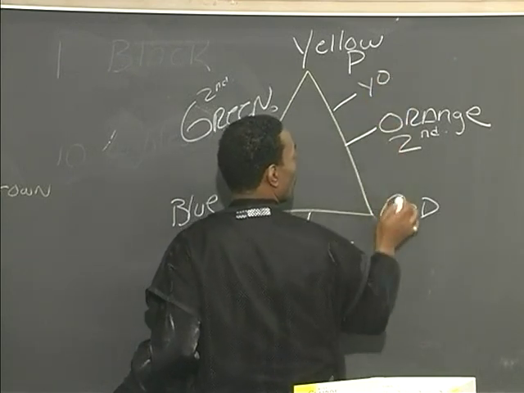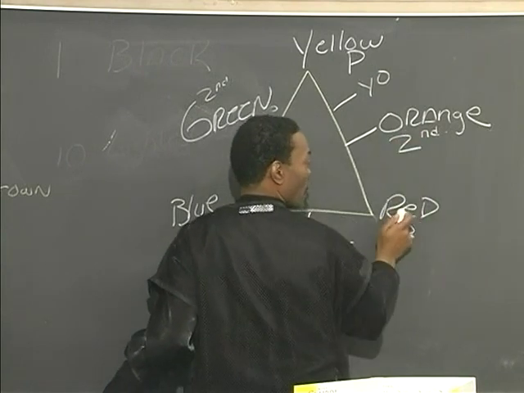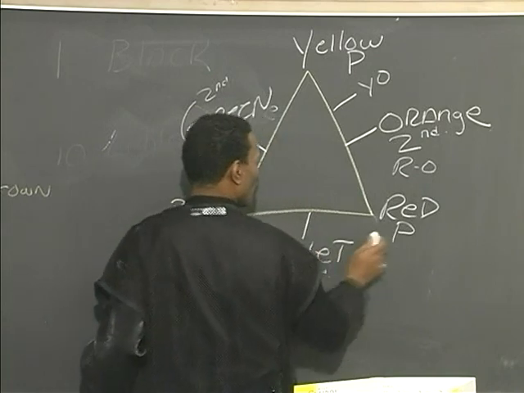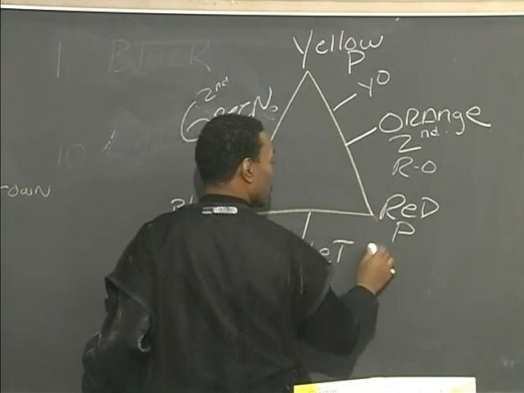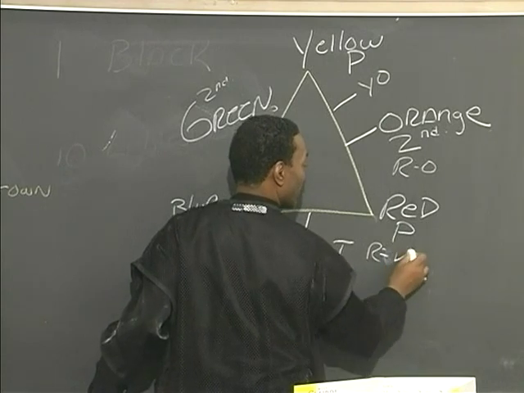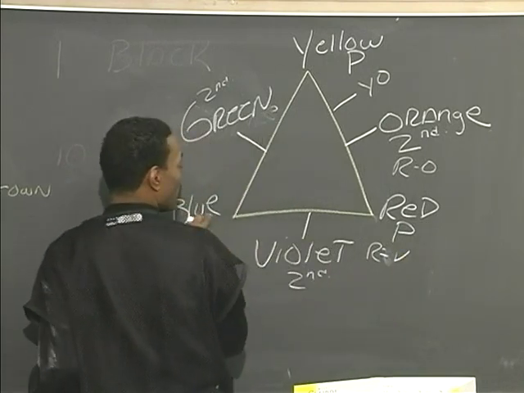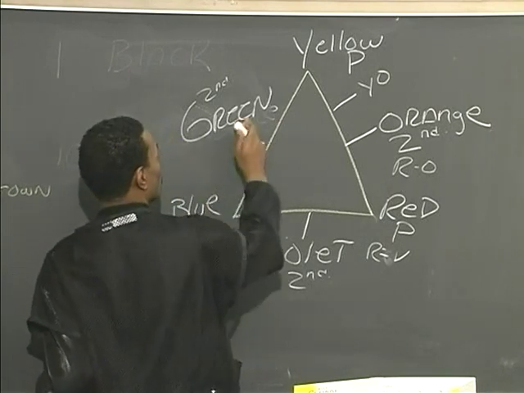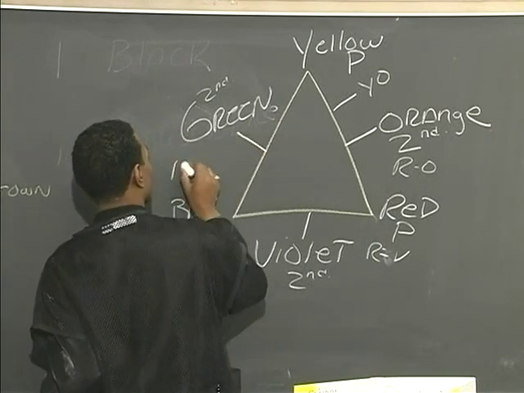This one right here would be what? This would be red, orange, the primary first. These two would be red, violet. This right here would be what? Blue, which is your primary, so you're talking about blue, violet. And these two here would be blue, green.